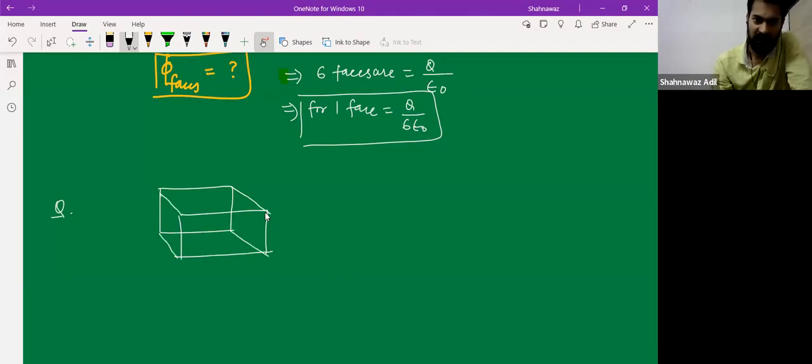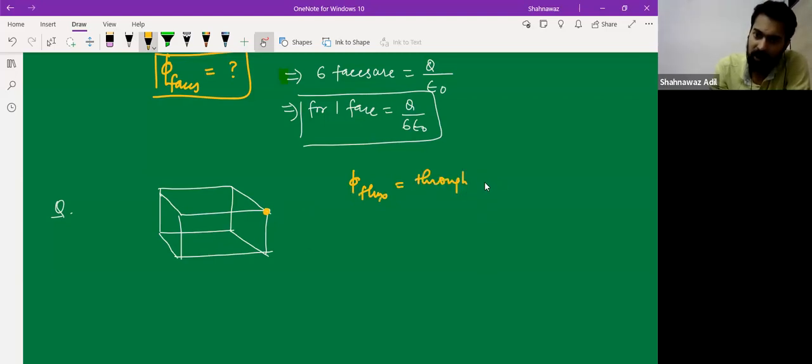So the charge is placed at this point. Okay, so now if they ask you what would be the effective flux through the corner, right? So what will we do?